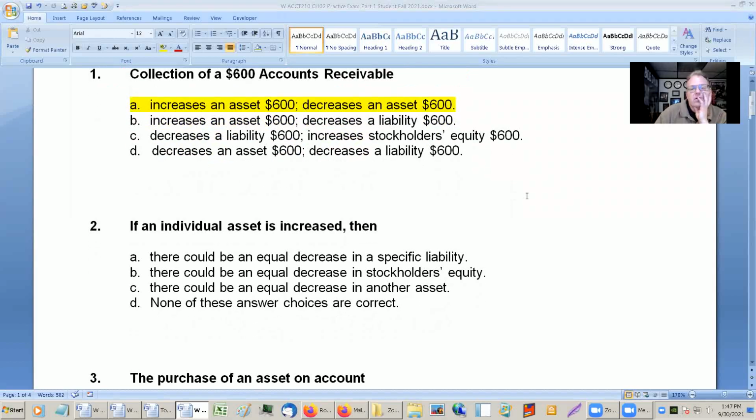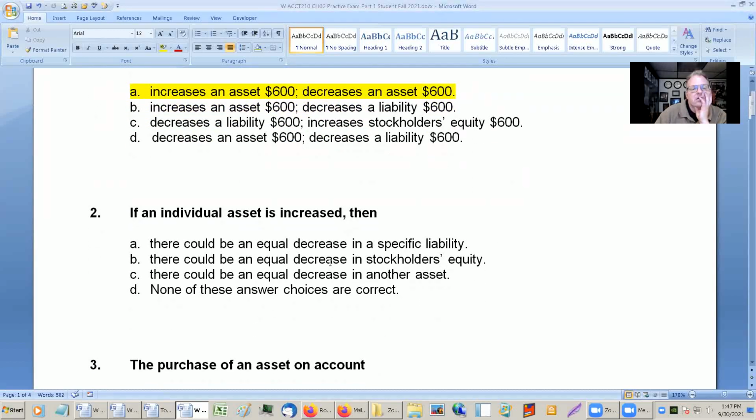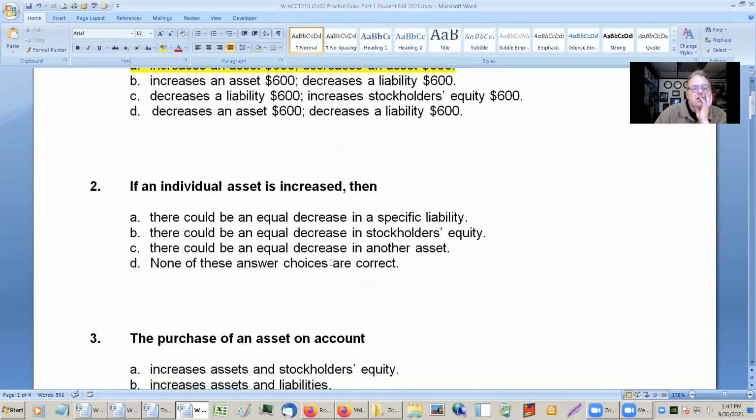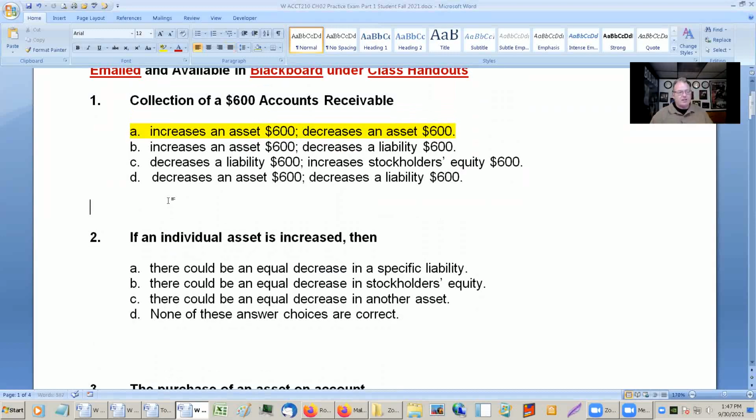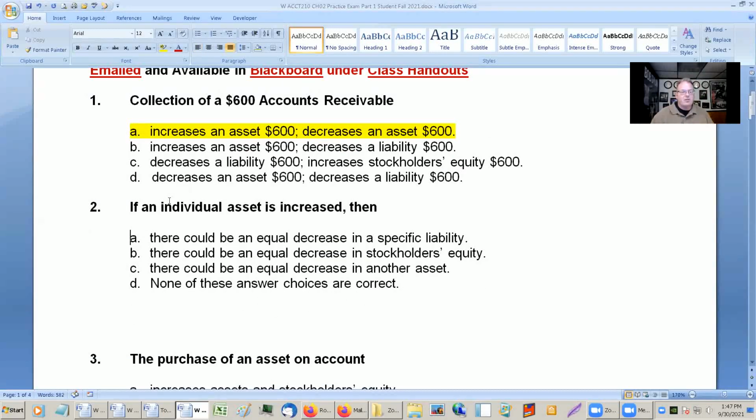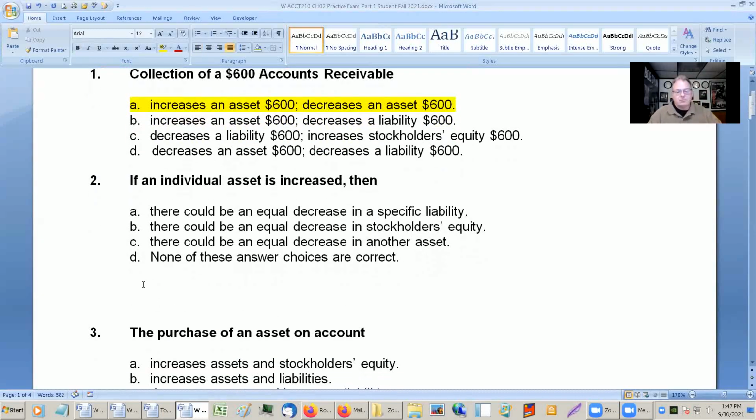Number two. If an individual asset is increased, then, okay, if assets go up, our accounting equation has to balance.